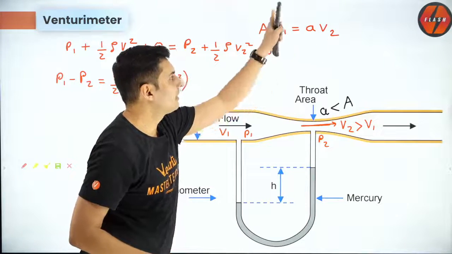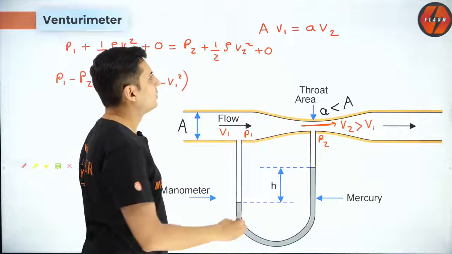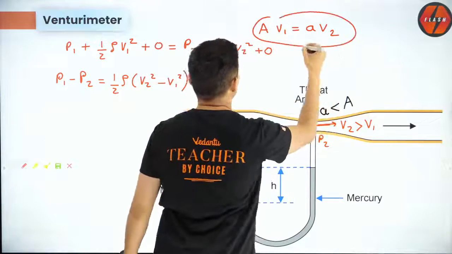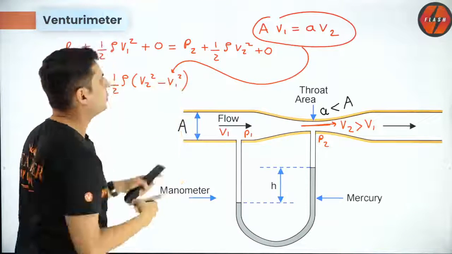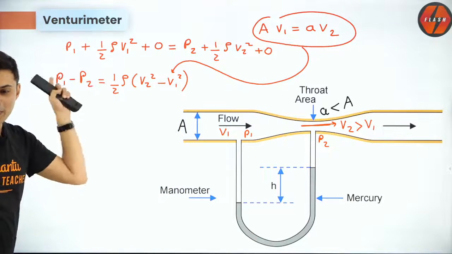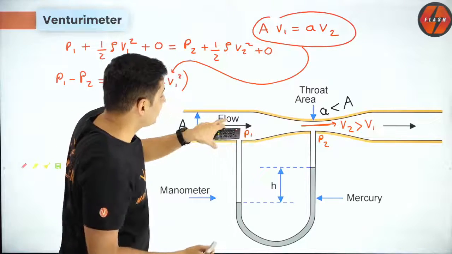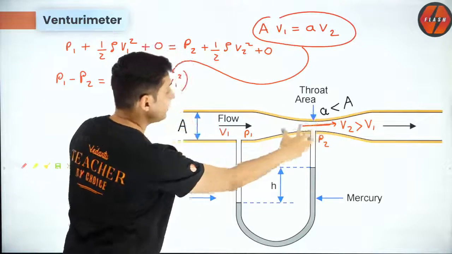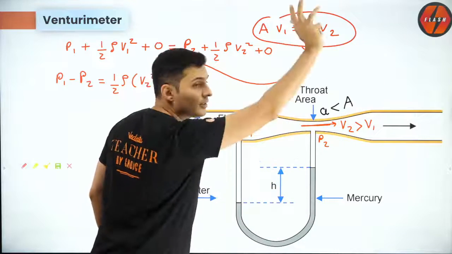Now from here you can substitute the values of V1 or V2. The only thing that remains is P1 minus P2. Now think about it, this pressure is more, this pressure is less. The pressure is less because the velocity is more.